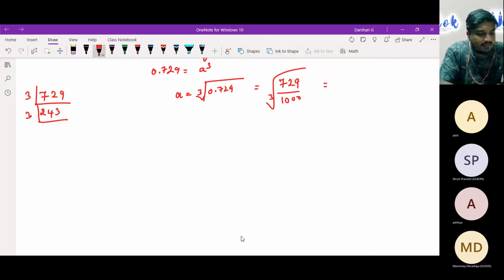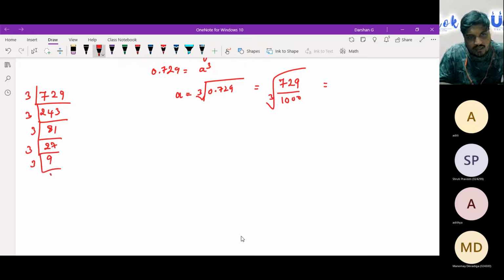I can divide again by 3 and get 81. I know 81 is a perfect square, so I can take 9, 9, or I can also go with 3 and 3. If I again divide by 3, how much do I get? 27. Again by 3, 9, 3, 3, 3, 1. So this would be 3 occurring 6 times.